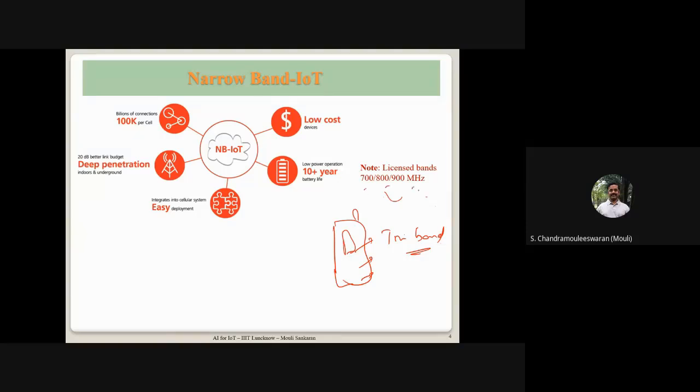Because different countries are using different frequencies, this device, even though the 2G or 3G stack software may be running, if the transmitter device in your mobile does not support these bands, then even if you have all the software running, LTE or 3G, it will not be able to communicate if it is in a country where the frequency band used is different and your mobile device does not support it.